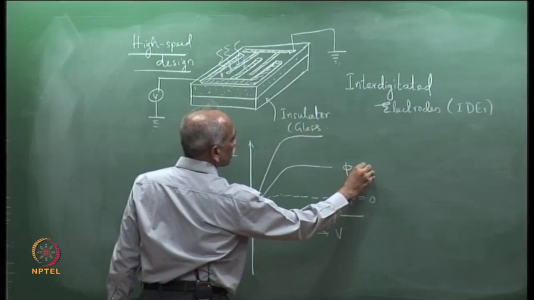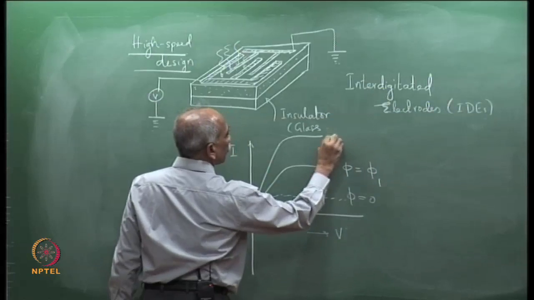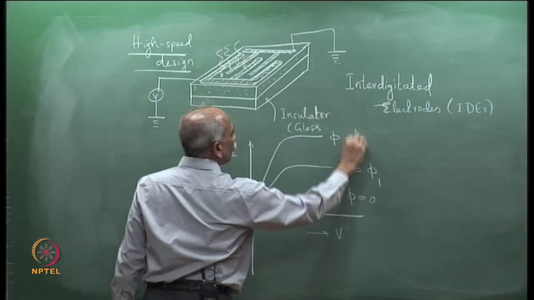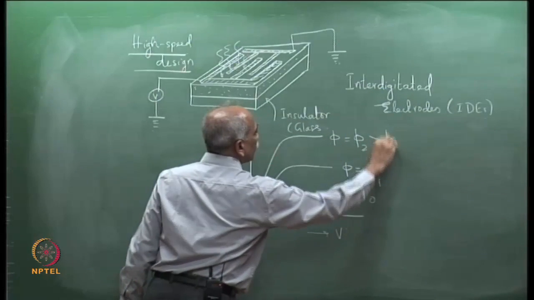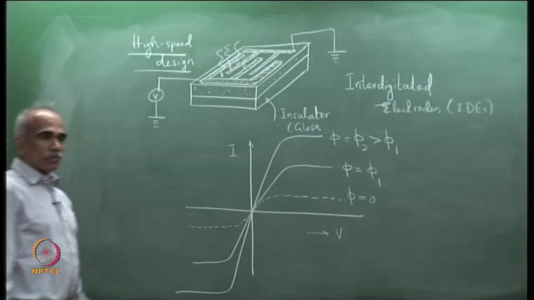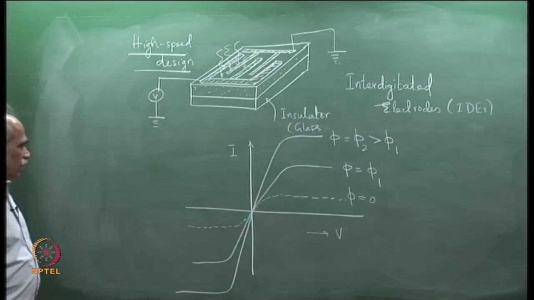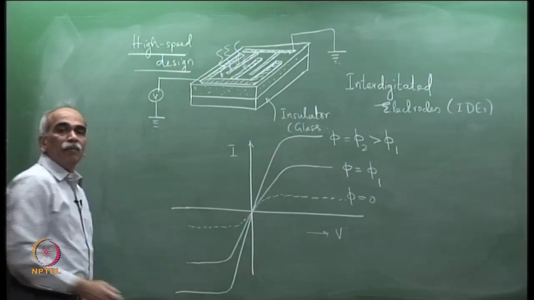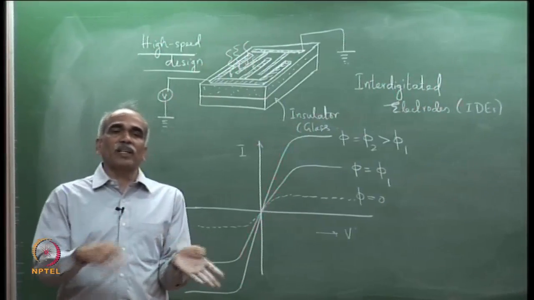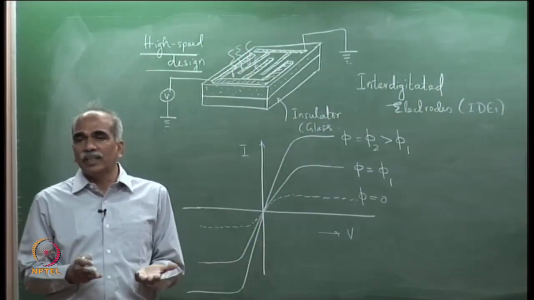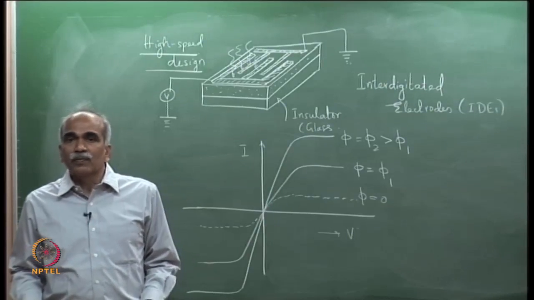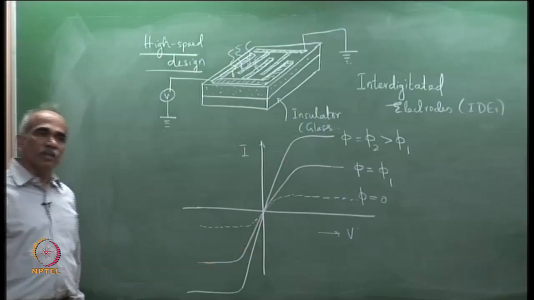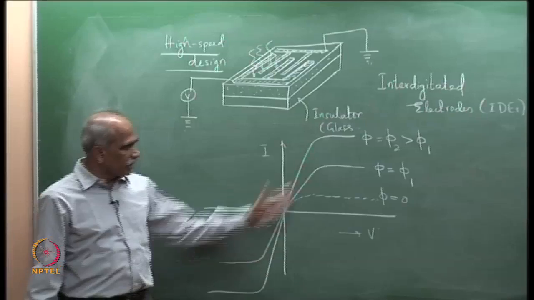So, phi is equal to phi 1 and phi is equal to phi 2, which is greater than phi 1, the incident photon flux. But what you see is it is symmetric because it is simply a piece of semiconductor. It does not matter whether you apply from this side or that side, it is not a diode, and therefore, there is no rectifying behavior. So, it is simply the same.